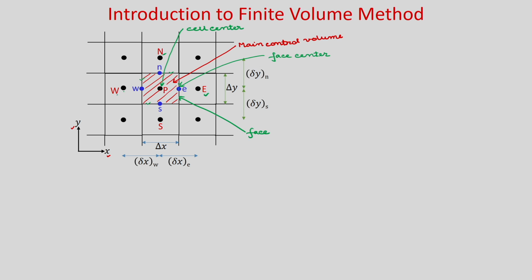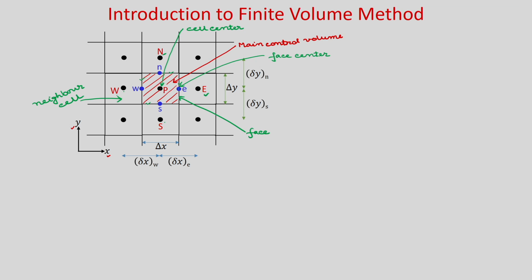So, east, west, north and south, these are the 4 neighbor cells.